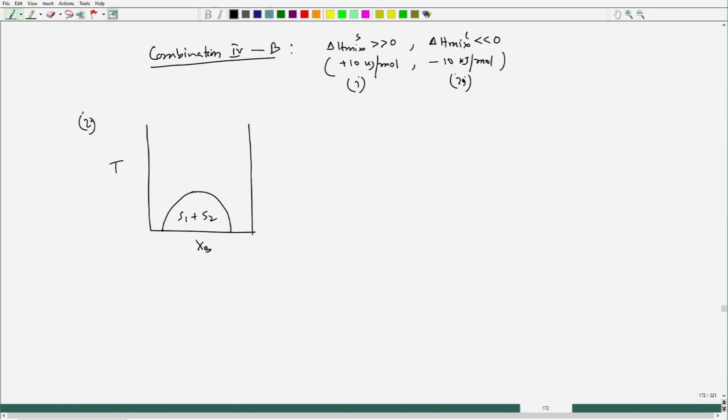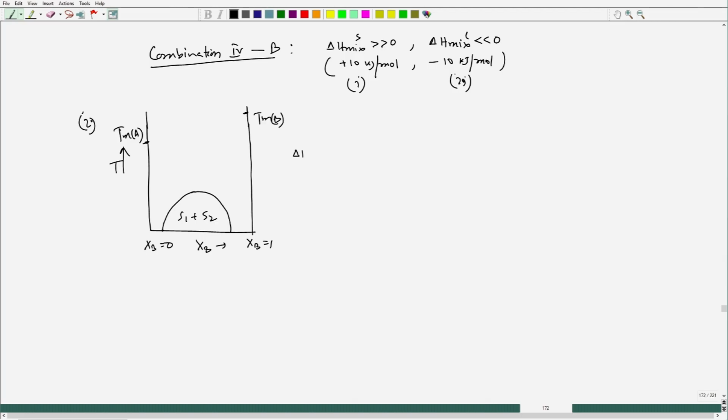Temperature, X B is varying this way, X B equal to 1, X B equal to 0. And this is definitely Tm A, and let us say this is Tm B. Let us say this point is Tm A and Tm B.